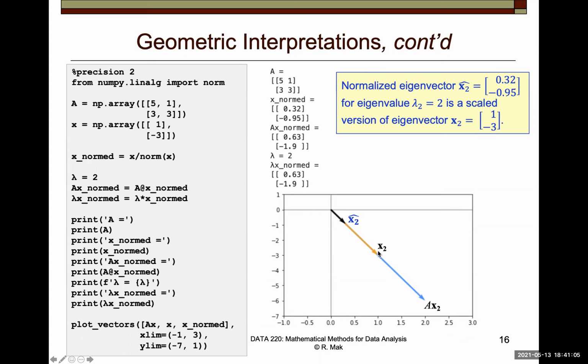Then we're going to normalize the eigenvector x2, and that's this black one here, and its length is supposed to be 1. So now you know that we can normalize each of our eigenvectors.